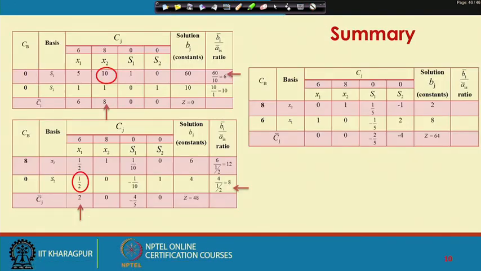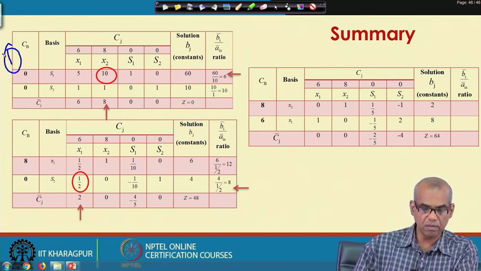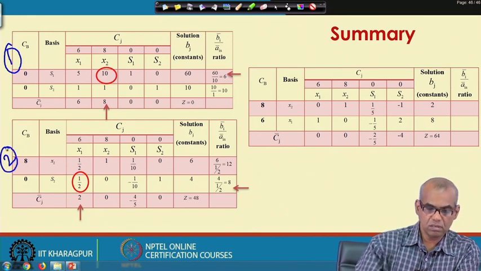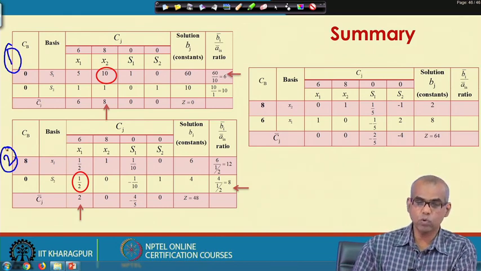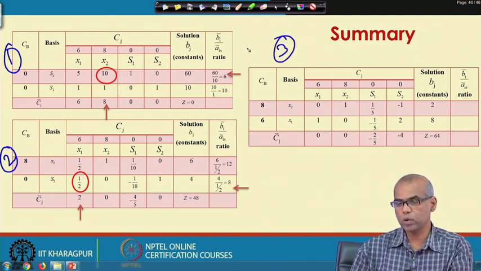So, this is the summary of all three tableaux that we have performed. So, this was the initial tableau, tableau number 1, where S1 and S2 were basis and x1 and x2 were non-basic variables. In the next, we got x2 as basic variable and S1 became non-basic variable, and finally, we got both x1 and x2 as basic variables and S1 and S2 as non-basic variables.